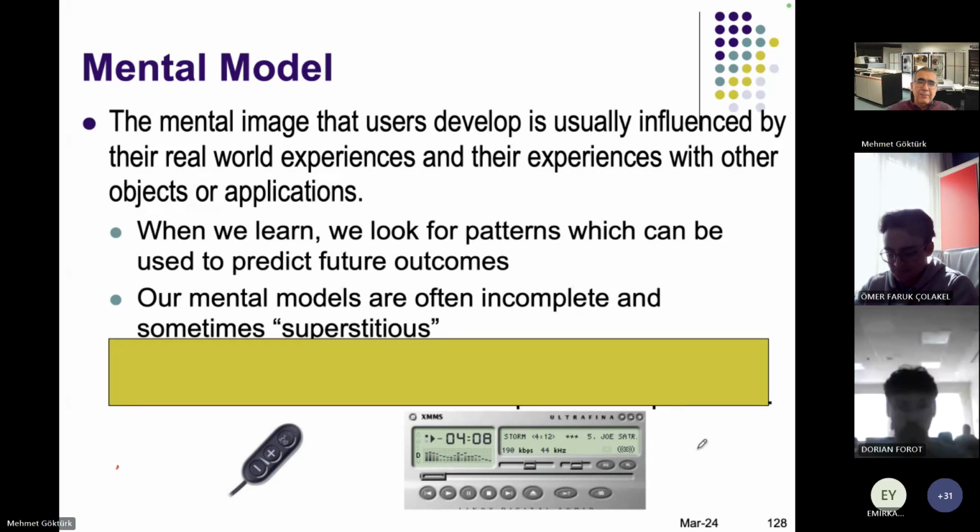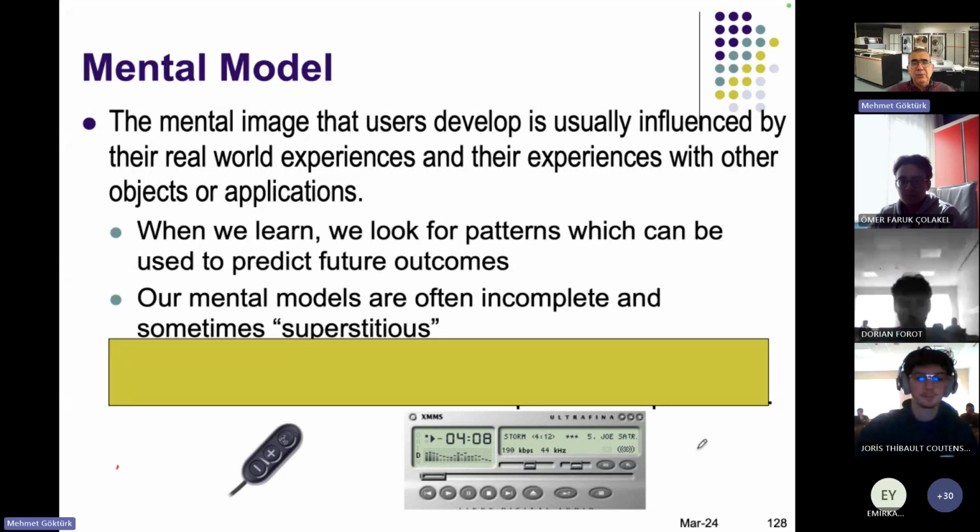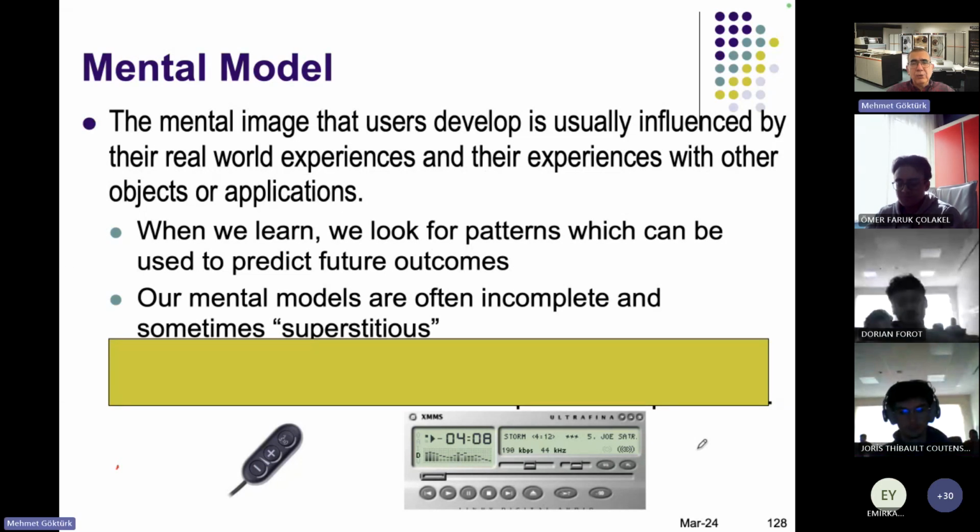But if Ömer Faruk turned off the sound and was doing something else, maybe he is not listening to me. On the other hand, my mental model says he is listening to me. How can I say that? Because of my past experiences, because of the visual cues that I get.